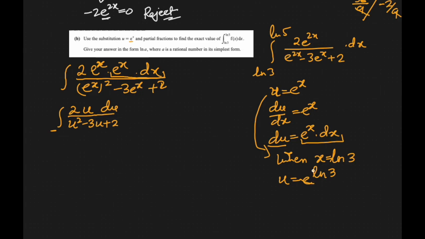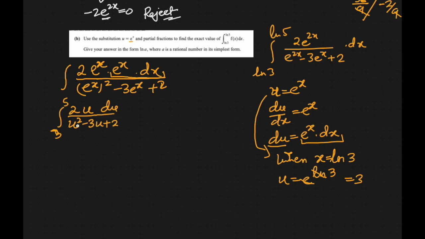So e and natural log cancel out, u is equal to 3. That means our lower limit becomes 3. Similarly, this will give us 5. So it becomes 3 to 5, our limits for u.